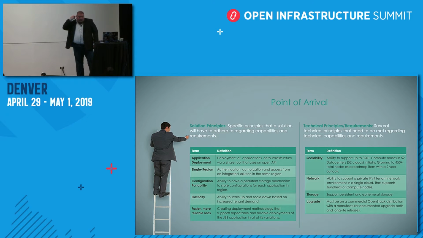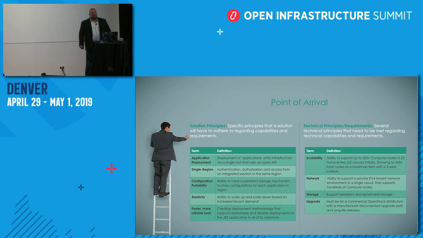Network: the ability to support private IPv4 tenant networks in a single cloud. Right? So what if your default mode was to set it up with VLANs, setting up provider networks under Neutron, because that's what you're using in your company?